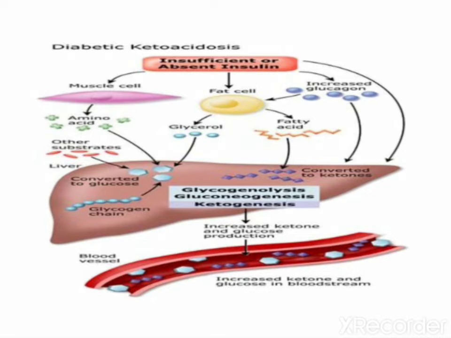So there is ultimately glycogenolysis, gluconeogenesis, and ketogenesis. All these three lead to increased ketone and glucose production, ultimately leading to increased ketone and glucose in the bloodstream.